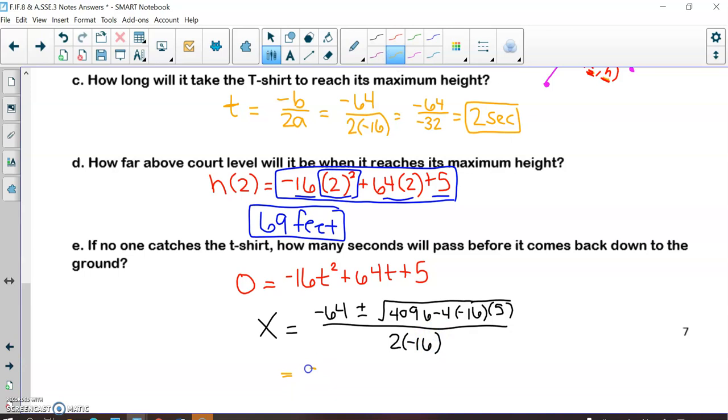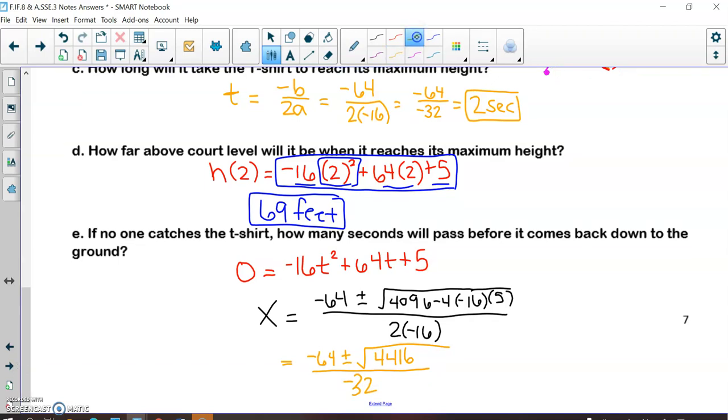I'm now going to simplify, so I have a negative 64 plus or minus the square root of, and a 4,096 minus a 4 times a negative 16 times a 5 gives me a 4,416. And then this is all over 2 times a negative 16, which is a negative 32.